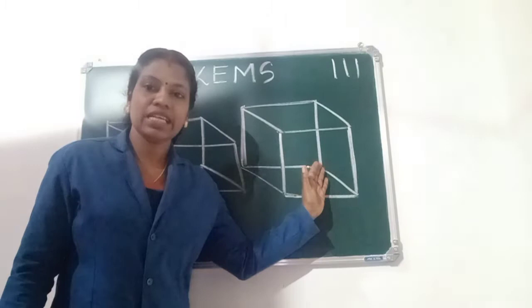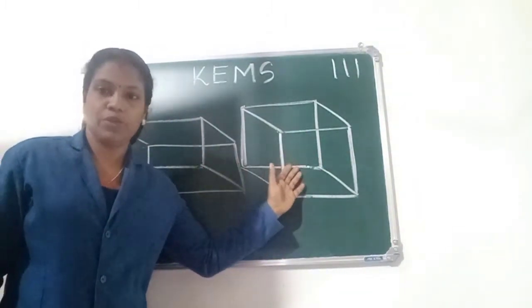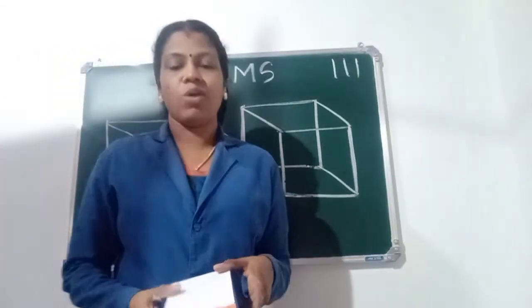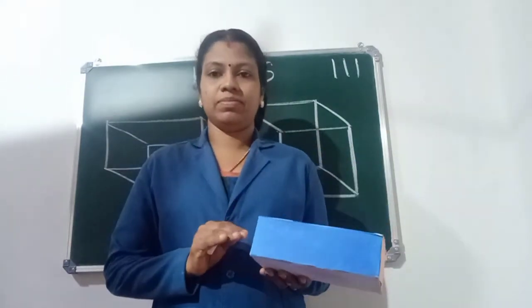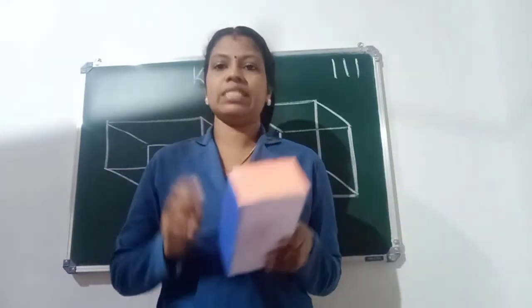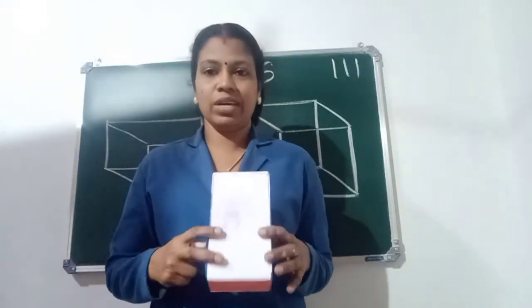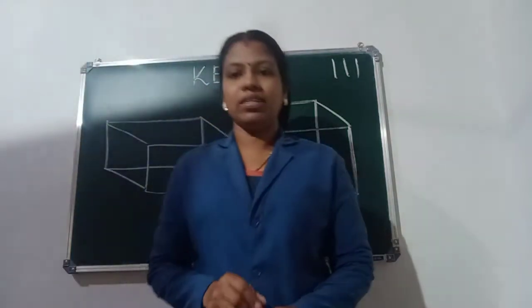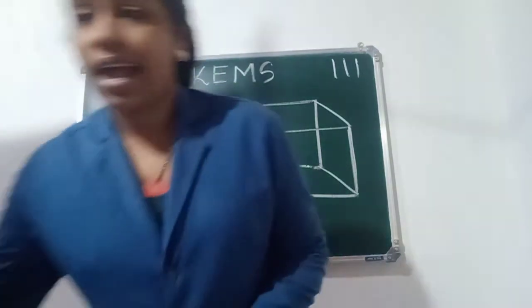Using squares you can draw a cube, and using 2 rectangles you can draw a cuboid. Features are the same for cube and cuboid: 6 faces, 8 corners and 12 edges. All faces of a cube are identical, but only opposite faces of a cuboid are identical.